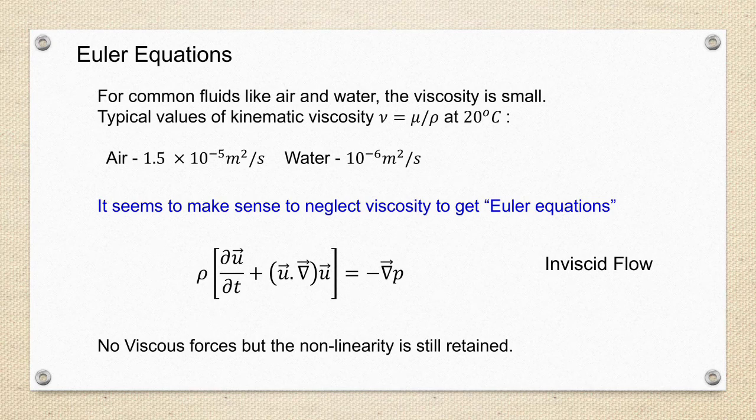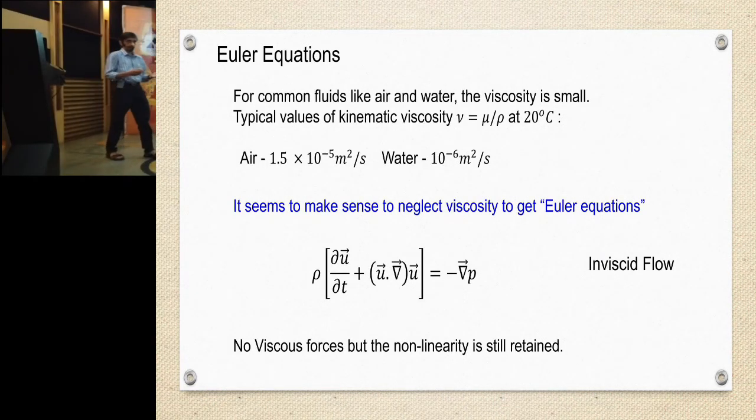Now, if you look at common fluids like air and water that we deal with, and you look at the numerical value of the viscosity, which is really the agency which causes friction in the fluid, there is a quantity called kinematic viscosity, which is just mu by rho, the dynamic viscosity divided by density, and for air it's of the order 10 to the power minus 5, and for water it is 10 to the power minus 6.